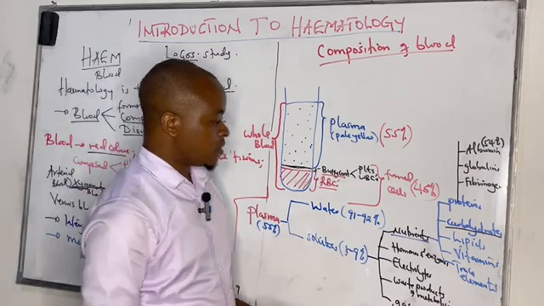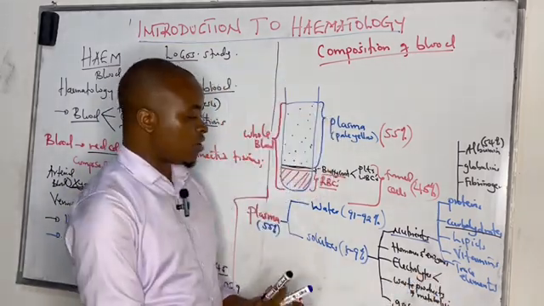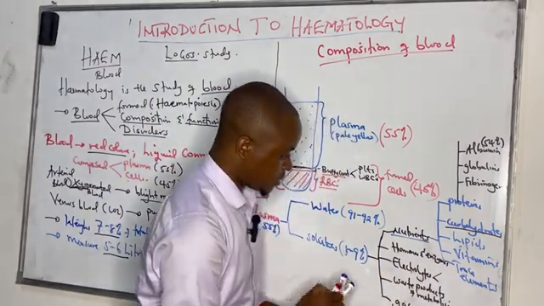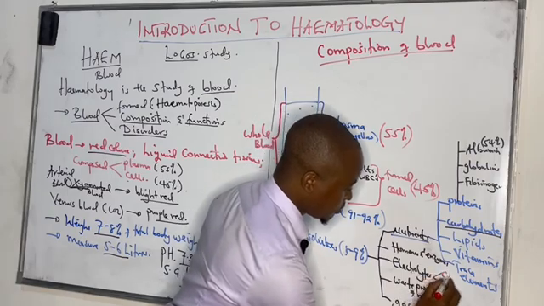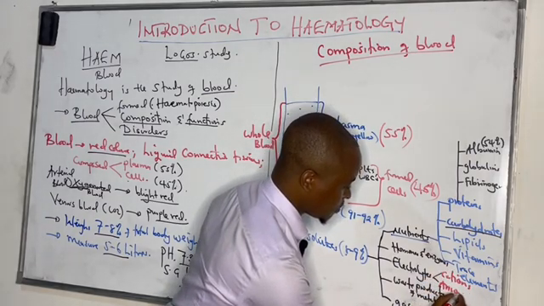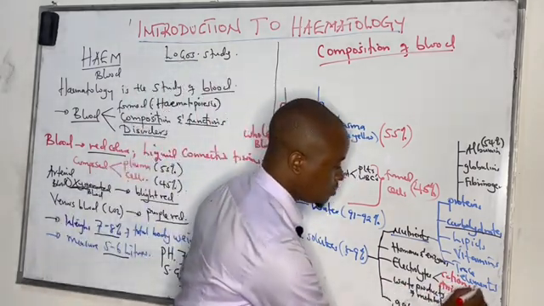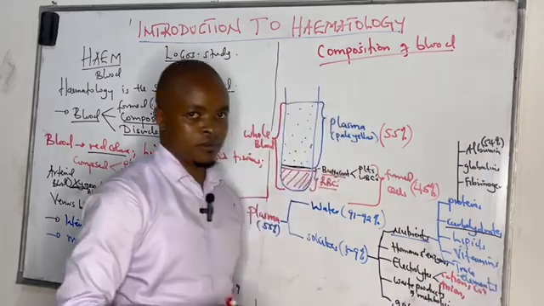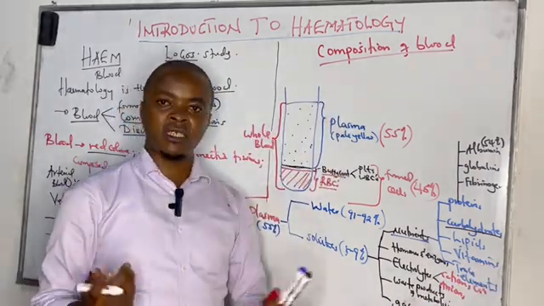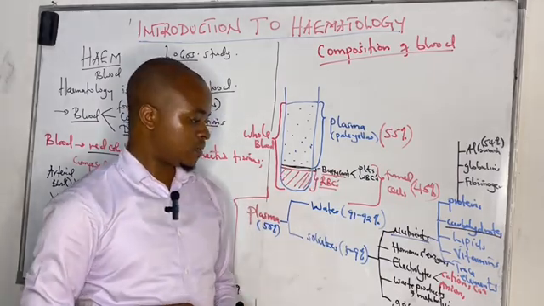If you're on electrolytes, we know that electrolytes are composed of cations and anions, whereby cations we have like calcium, sodium, magnesium. Then under anions we have like chloride ions and bicarbonate ions.